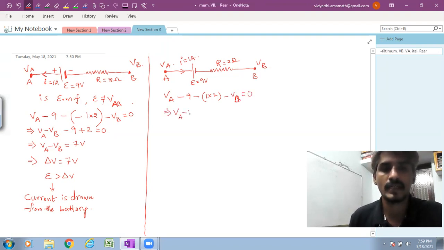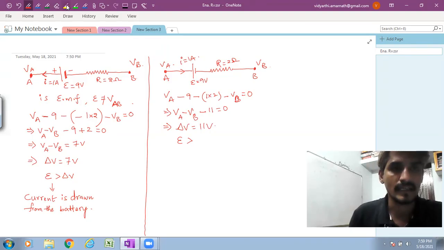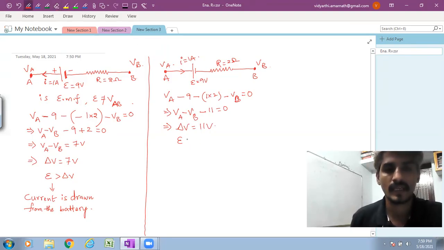Therefore, VA minus VB minus 9 minus 2, minus 11, is equal to 0. That is, delta V is equal to 11 volts. Here E is lesser than delta V.